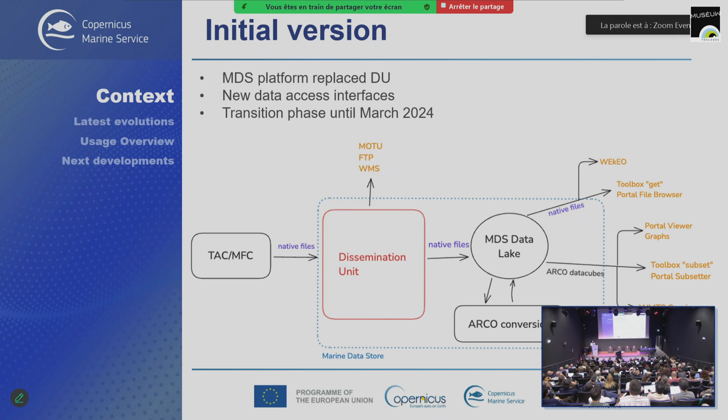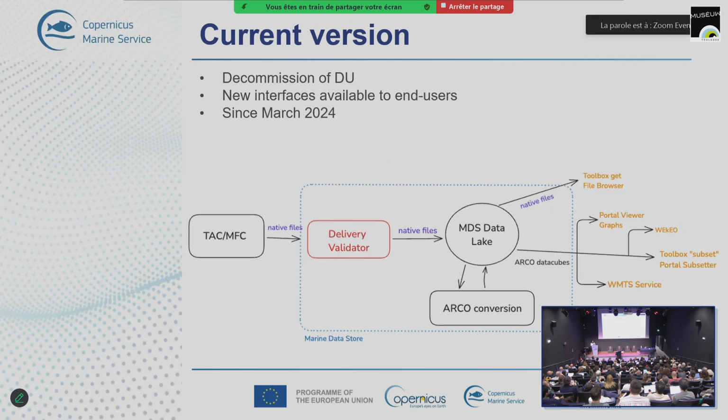They were working, let's say, in parallel during the transition phase that ended in March 2024, when the dissemination unit was decommissioned and replaced, if we can say that, by the delivery validator that is ingesting the data and the system providing data, copying them and moving them to the cloud.